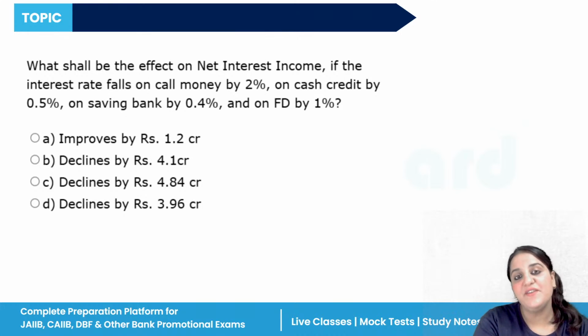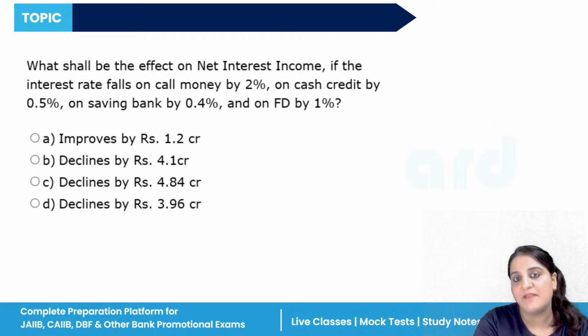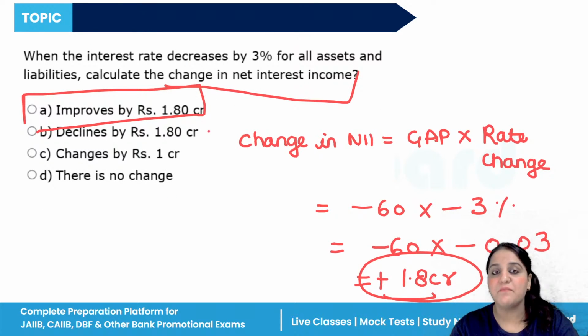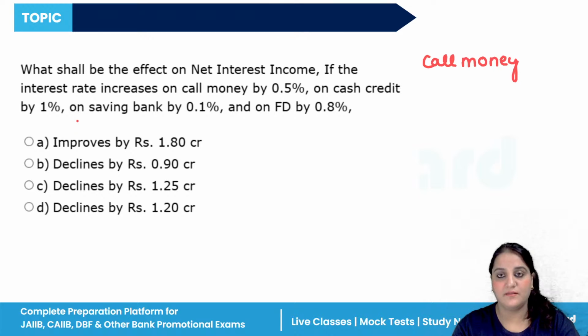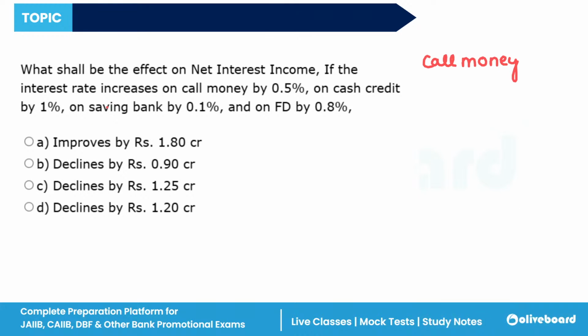So what shall be the effect on net interest income if the interest rate falls on call money by 2%, on cash credit by 0.5%, and on savings bank by 0.4%? The same, we have to calculate like this. This one question is so simple.